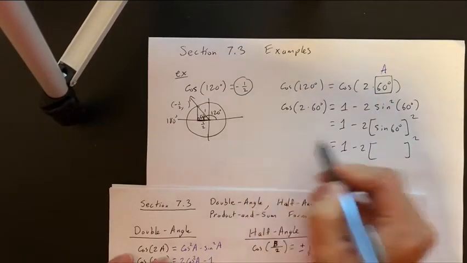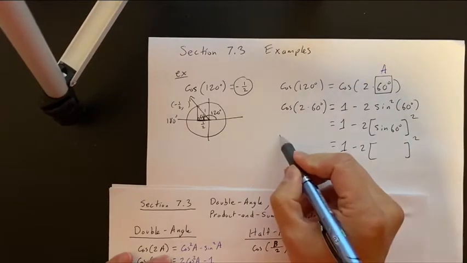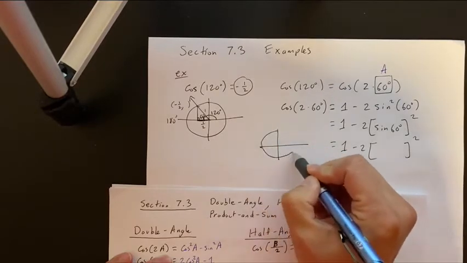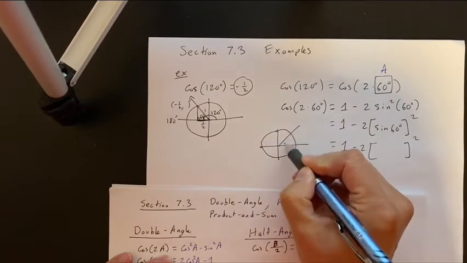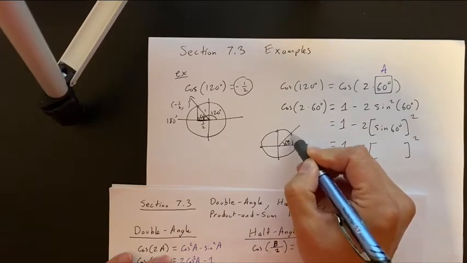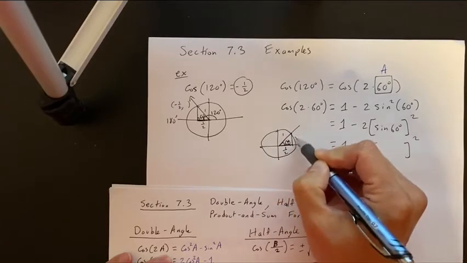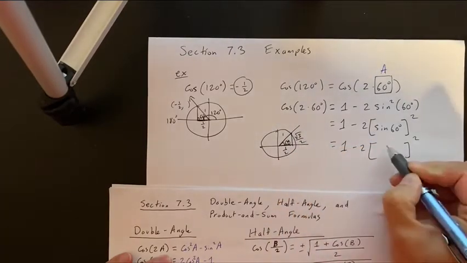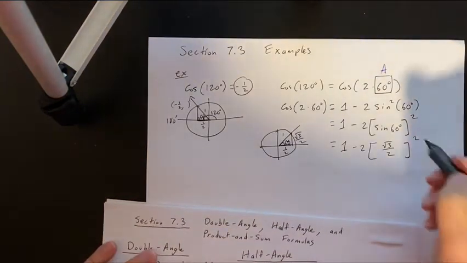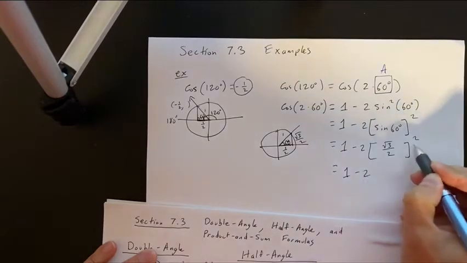Well, that's in the first quadrant, and it's going to be the opposite of 60. Adjacent to 60 is 1/2, so opposite is root 3 over 2. So sine of 60 is root 3 over 2.